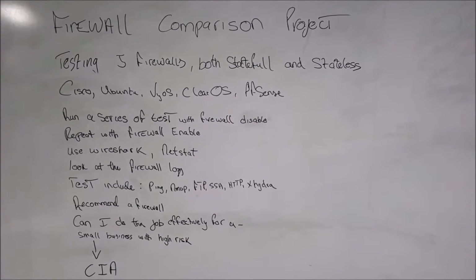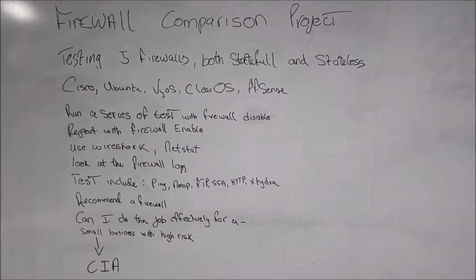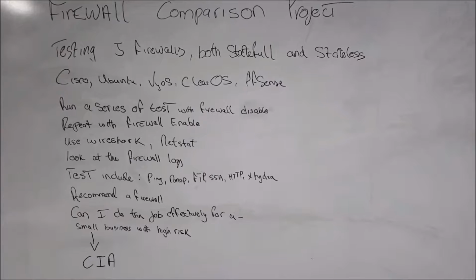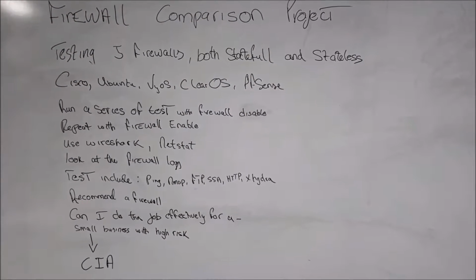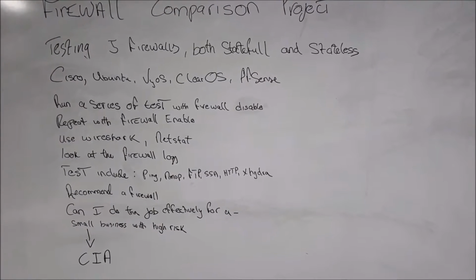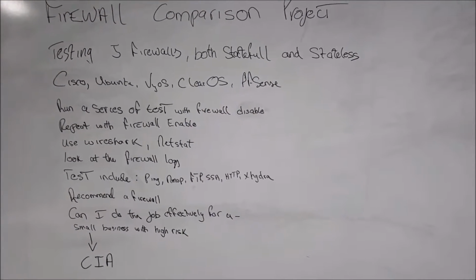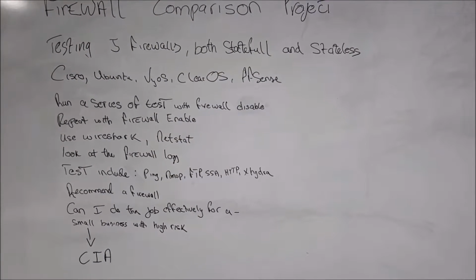I'll use Wireshark, I'll use Netstat to help show what's going on. Netstat in particular will show the total number of packets received on the target, and I'll run that command before and after every test. Some of the tests that I'll perform would be a ping or ICMP test. I'll do an Nmap scan.